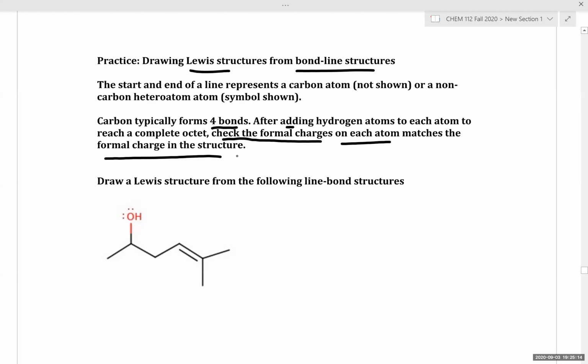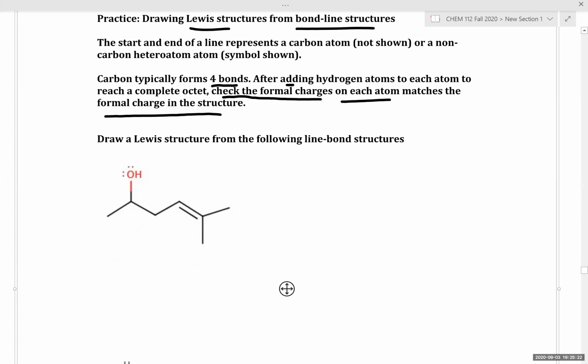Make sure the formal charge on each atom matches the formal charge in your final structure.